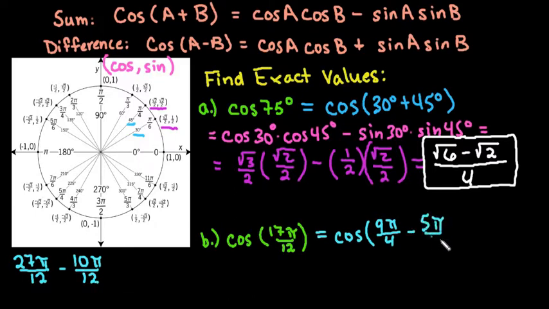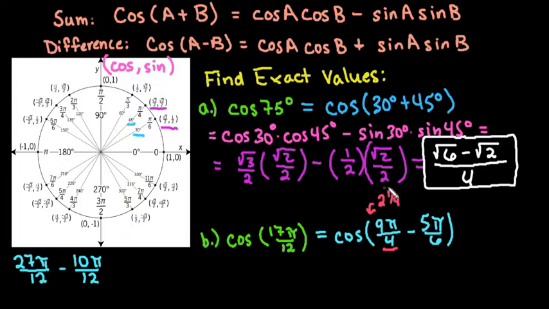I know you might be thinking that 9 pi over 4 does not show up on here, but 9 pi over 4 simplifies into 2 and 1/4 pi.